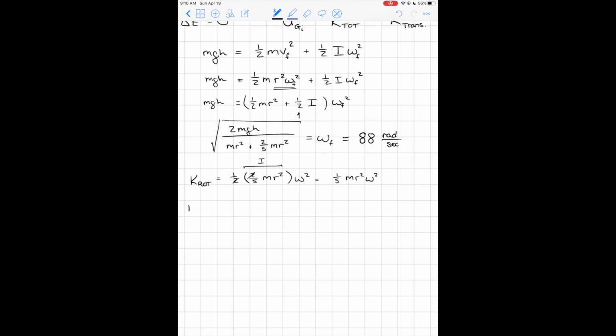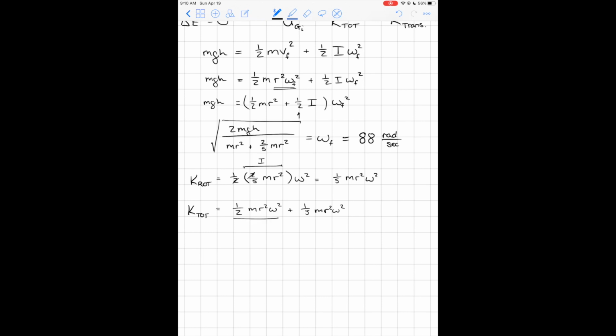Okay, what about K total? K total is equal to 1/2 mr squared omega squared plus 1/5 mr squared omega squared. Whew, wait, what? Let's take a step back. All right, a few things.